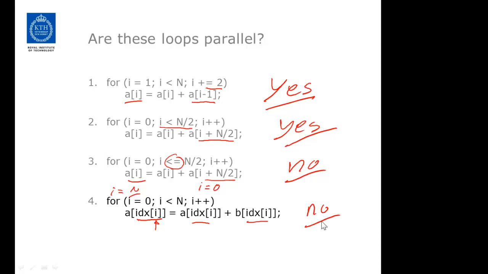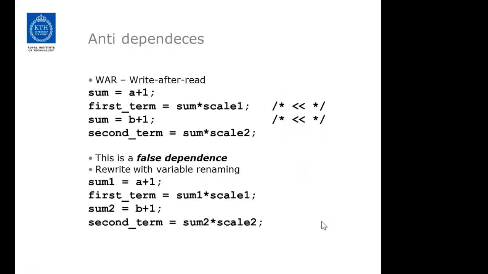kinds of dependencies. Talking about other kinds of dependencies, true data dependencies are not the only kind of dependence. We also have two other kinds, which are called anti-dependencies, exemplified here with the case when you read the sum variable here and then you store the sum variable here. So there is a dependence here.